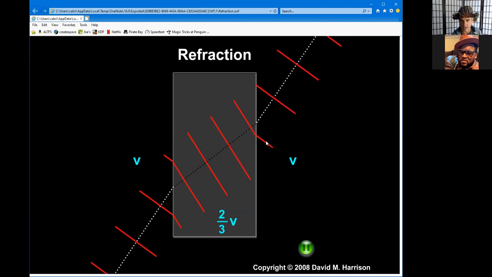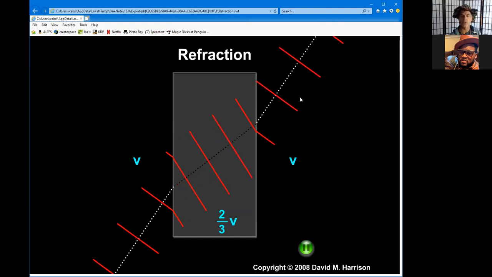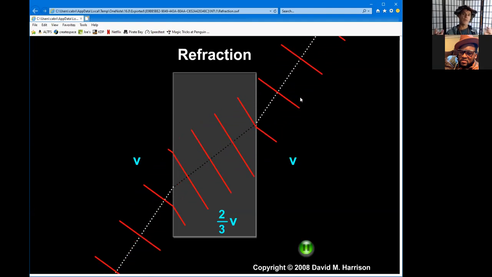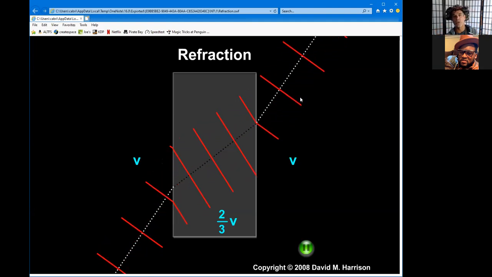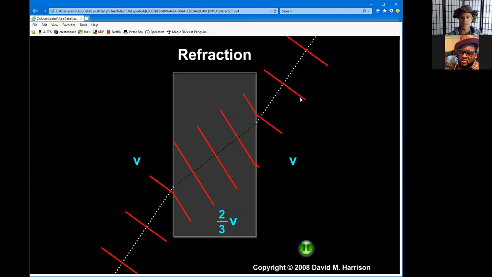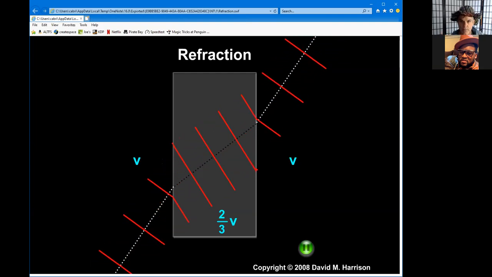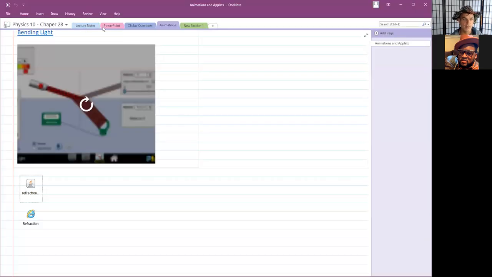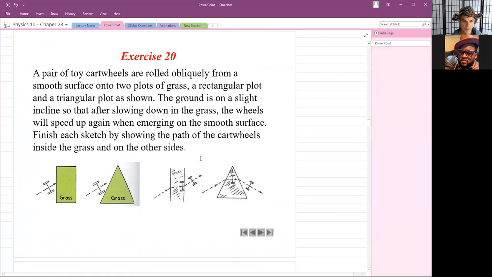And then this side hits the air where it's moving faster, causing it to pivot again. So thinking about which side is going to slow down before the other will let you think about how light is going to bend.